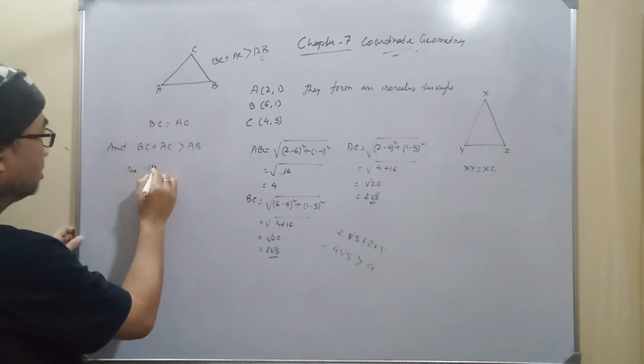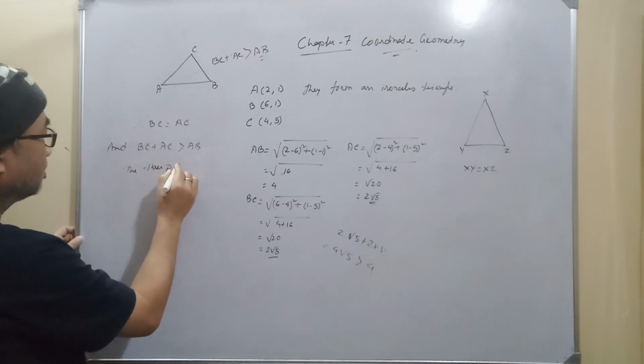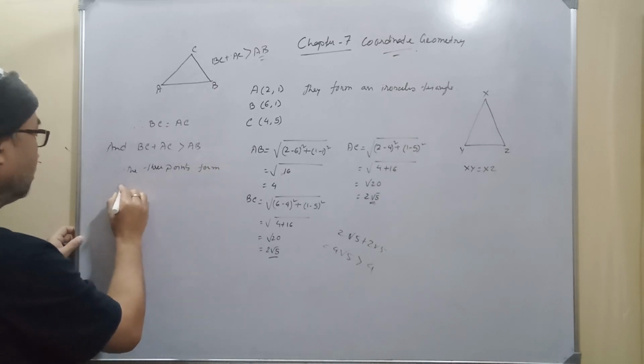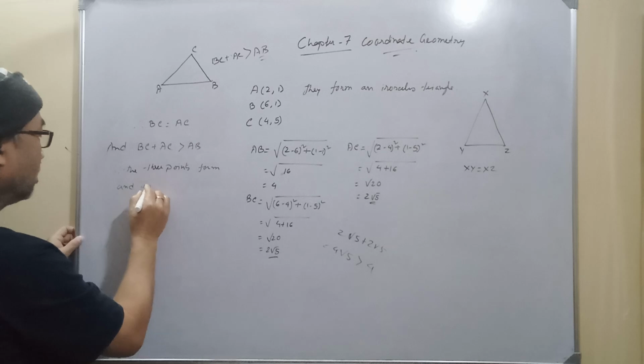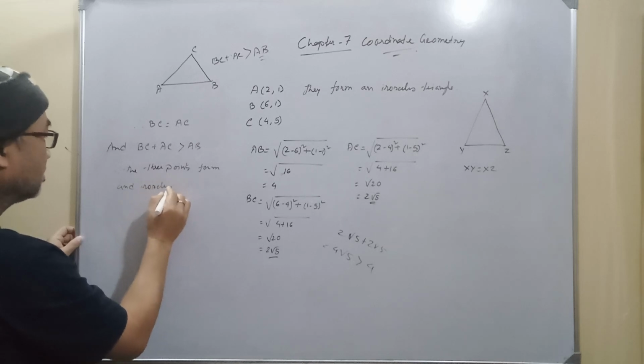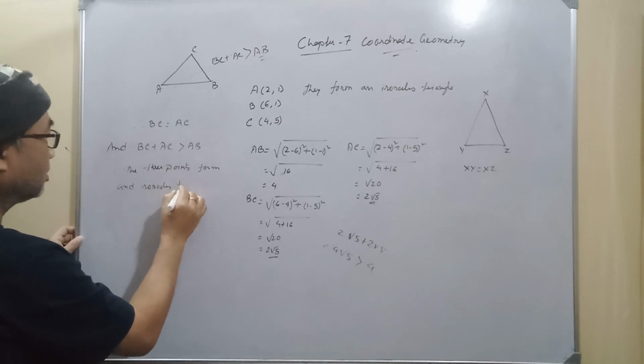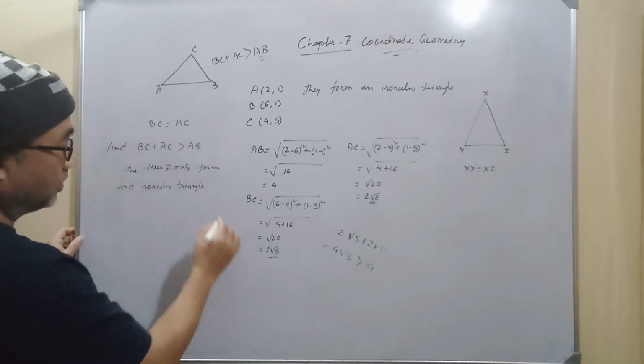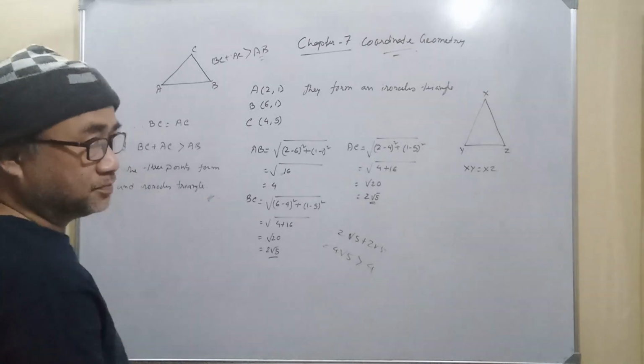Hence the 3 points form an isosceles triangle, and that is your answer.